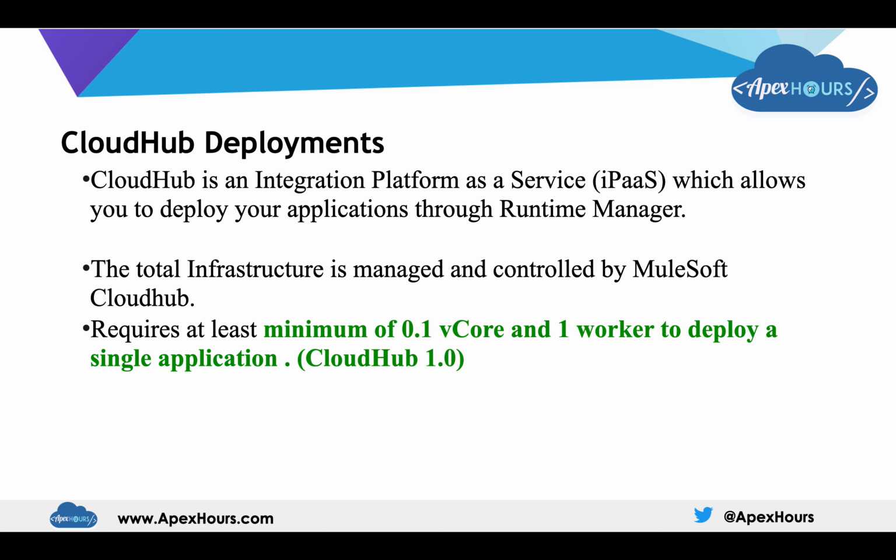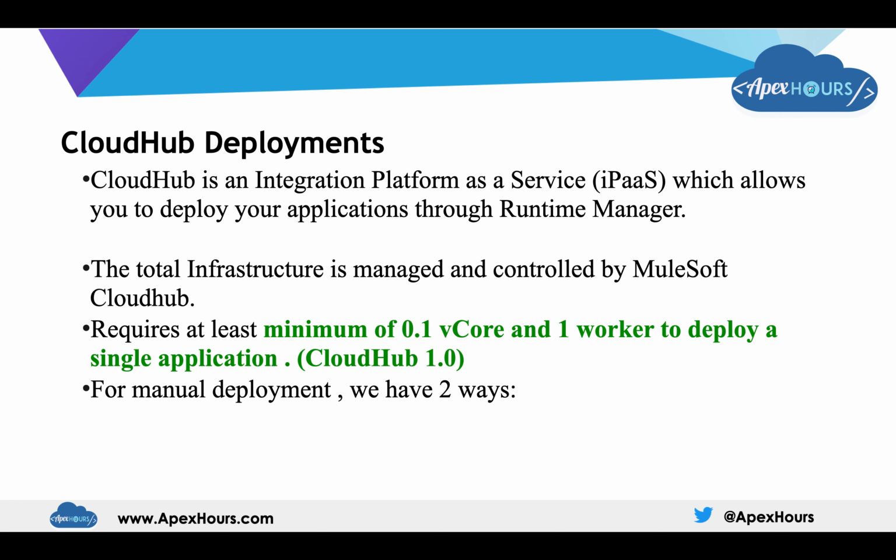Next, for manual deployments: these sessions are for beginners, so everything will be manual here. But in real-time projects, the DevOps team takes care of deployments. As a developer, your role is only till developing the APIs and committing your code to Bitbucket or GitHub.